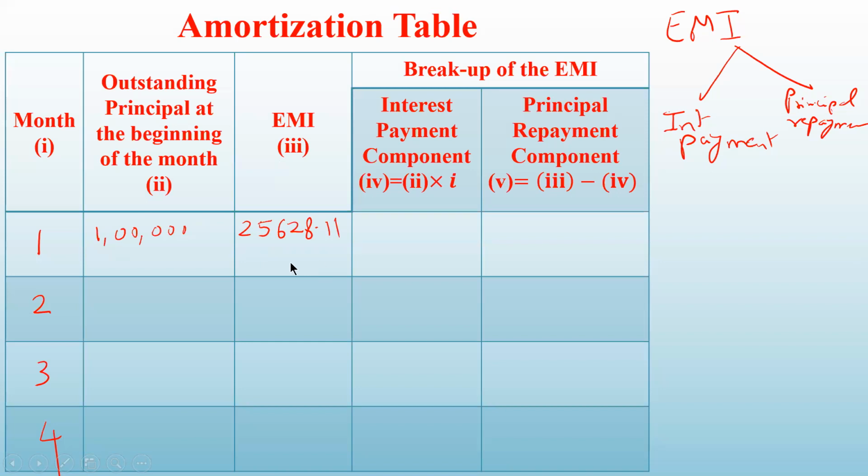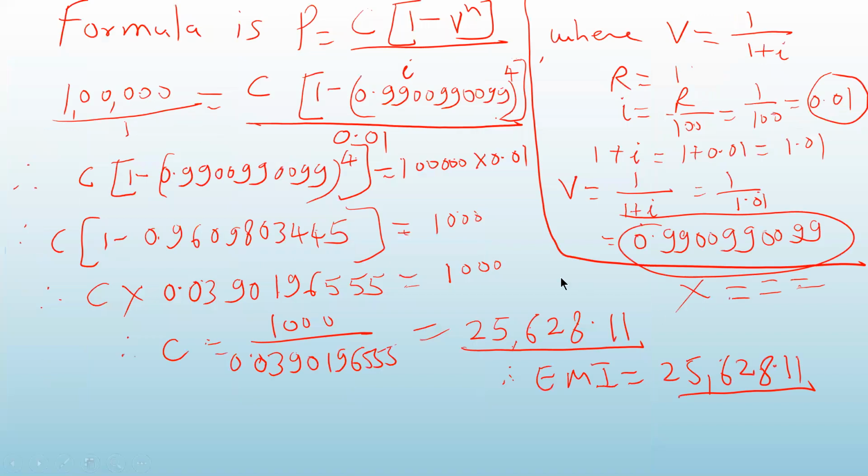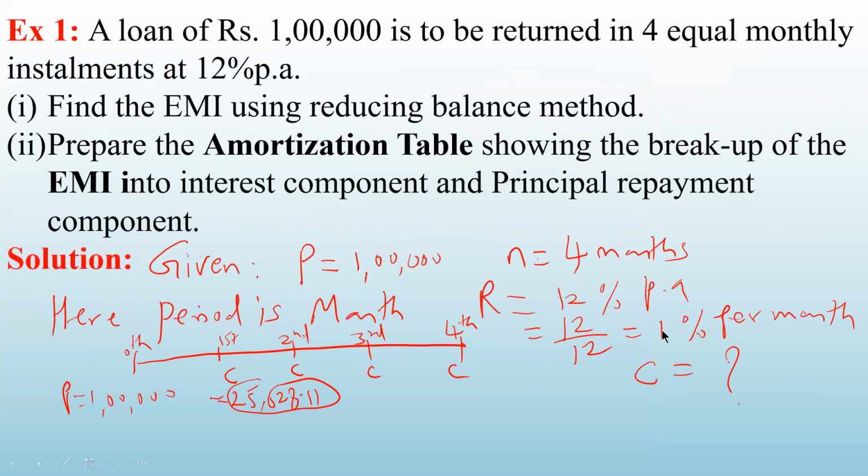You have paid the first installment of your EMI. Now this EMI will get broken up into two parts. The first part will be the interest payment. So what is your interest rate here? R is 12% per annum, but for 1 month it is 1%.